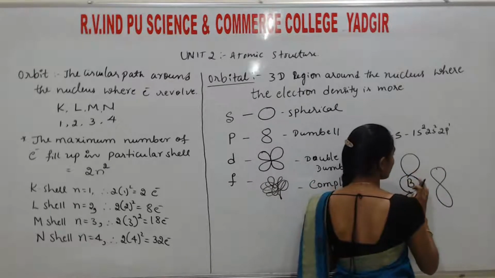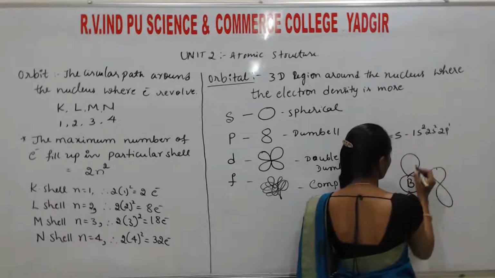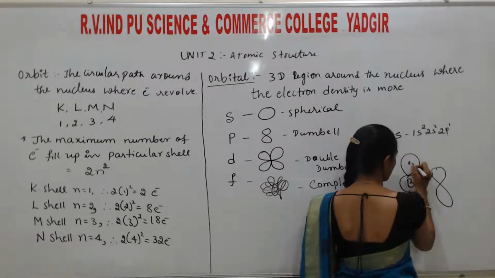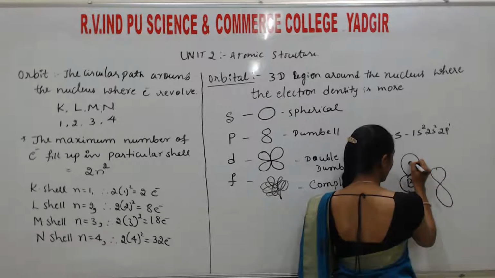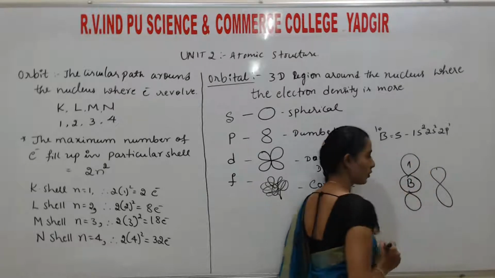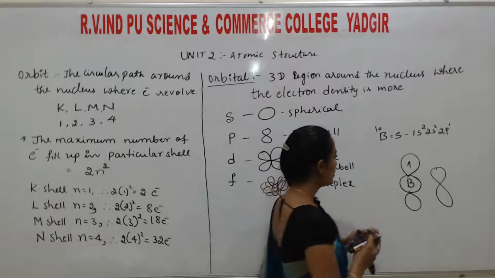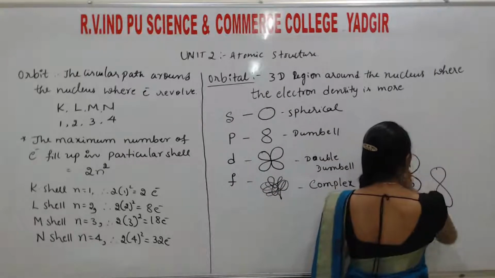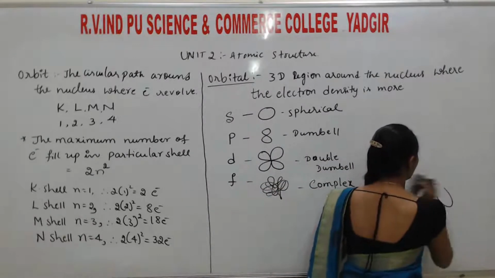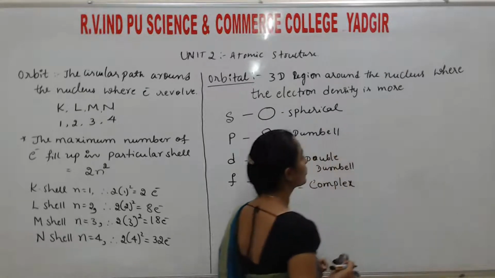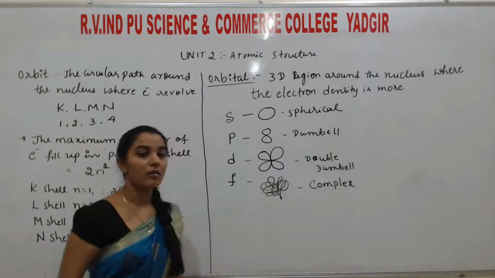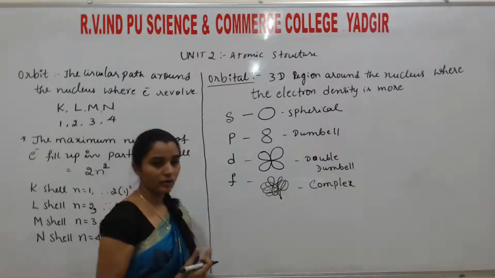So this gives the shape of the orbitals. Here the electrons are present. If one electron is there, it is either here or here. Understood? So this is the three-dimensional region where the electron density is more. They form a sigma bond, they form a pi bond.